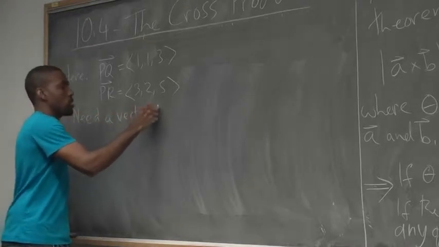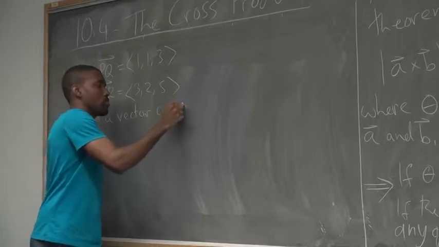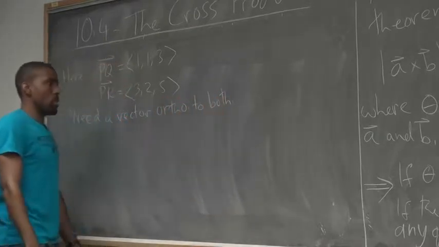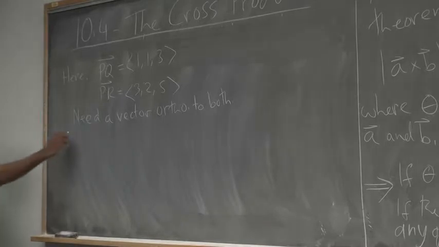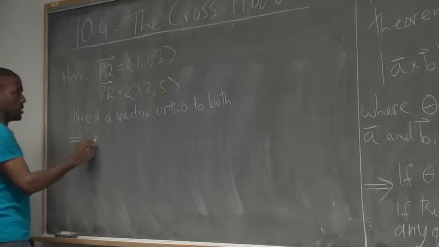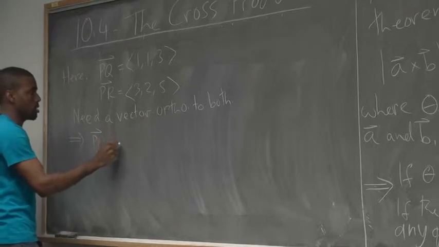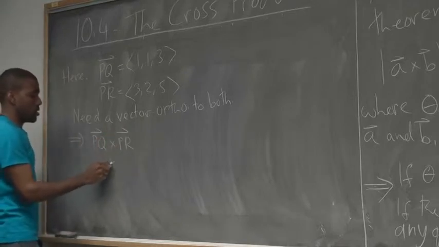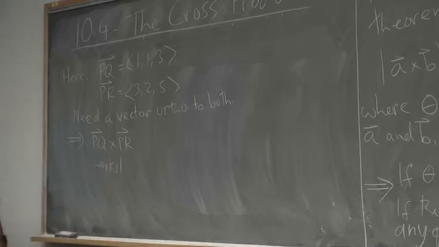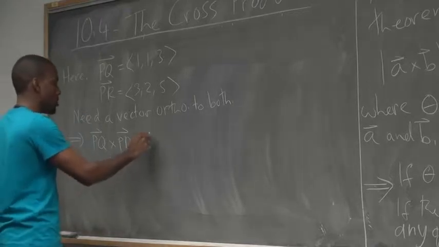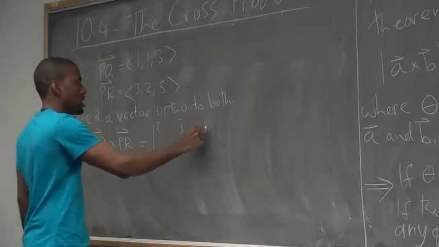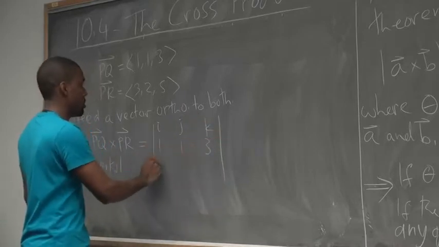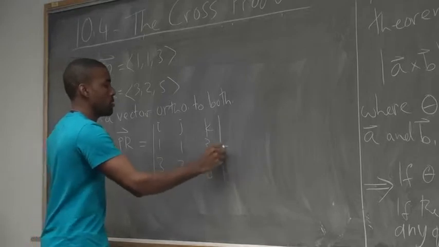So we need a vector orthogonal to both of these, because if you are, you're orthogonal to the plane. And the cross product will work. So how do we find the cross product? Well, you do that IJK thing. 1, 1, 3, 3, 2, 5.